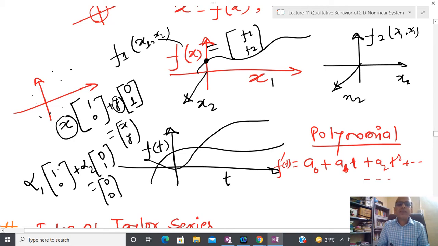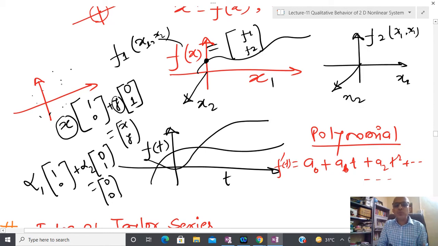If the solution is alpha 1 equals 0 and alpha 2 equals 0, then we say that these two vectors are linearly independent. Another thing we check, suppose I have three basis vectors: one thing is linear independence, and another thing is whether using these vectors I can span the whole space or not.